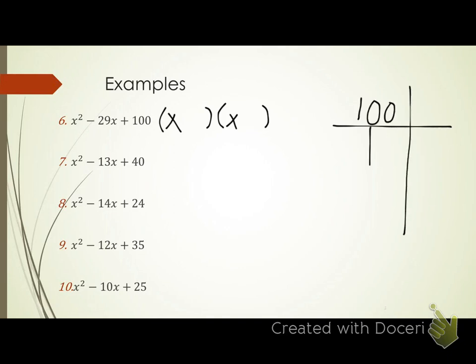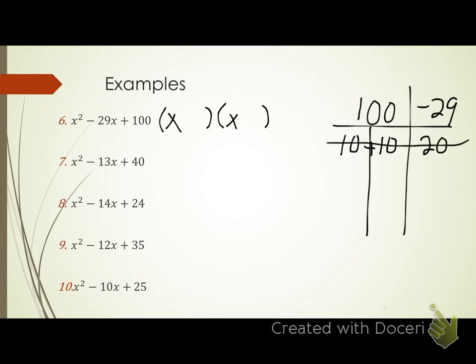100. What's my B value? 29. Not 29. Ooh, that's a little different. Negative 29. Raise your hand if you can give me two numbers that multiply to 100. 10 times 10. 10 times 10 does give me 100. What's 10 plus 10? 20. Positive 20. Is that what I want?